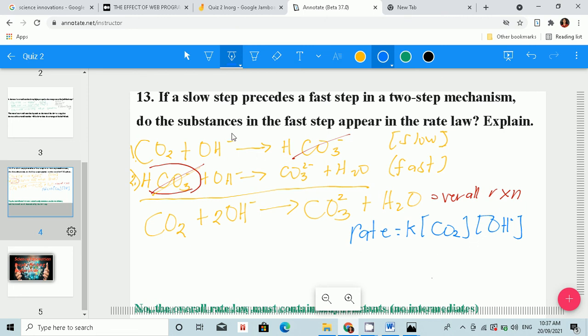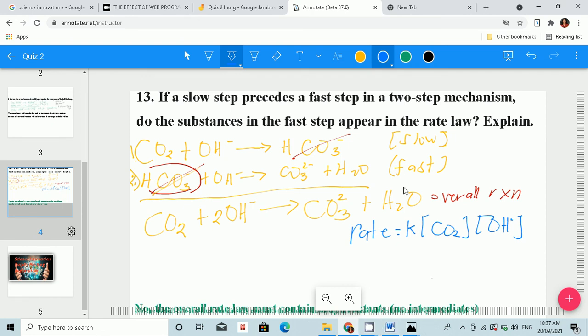Notice that in our rate law, our question is, do the substances in the fast step appear in the rate law? Of course, no. Only the reactants in the slow step appear in our rate law.